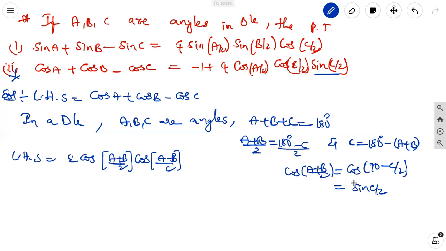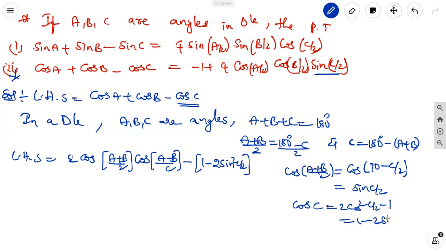For cos C we use 1 minus 2 sin square C by 2, the cos 2C form. That is, cos C equals 2 cos square C by 2 minus 1 or 1 minus 2 sin square C by 2. Which one is suitable? We can observe from the first terms only.